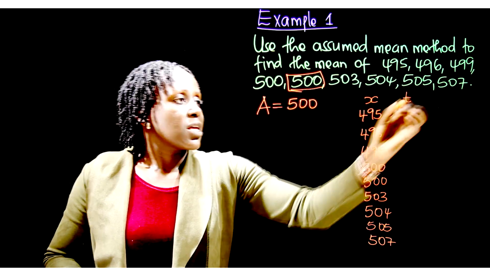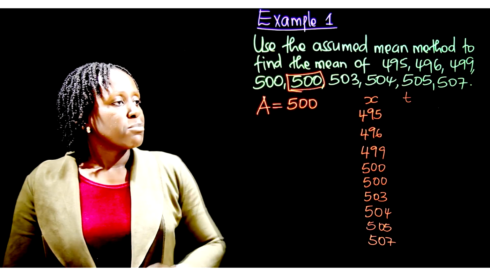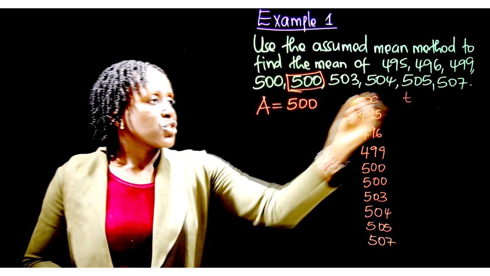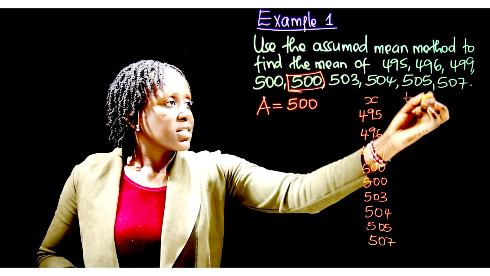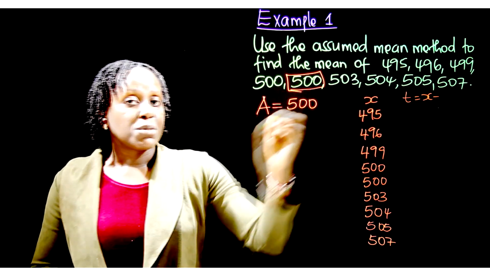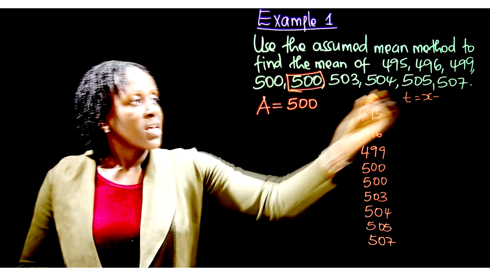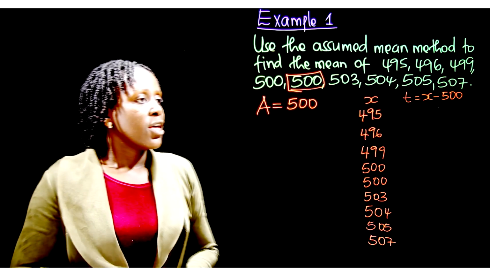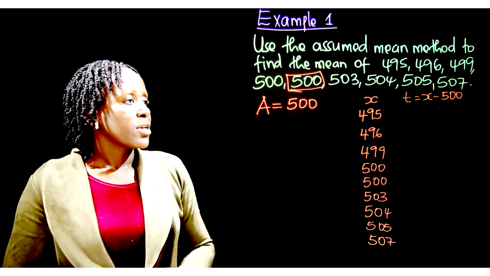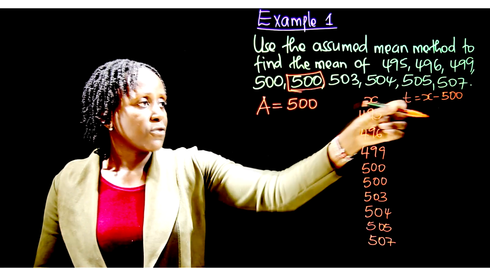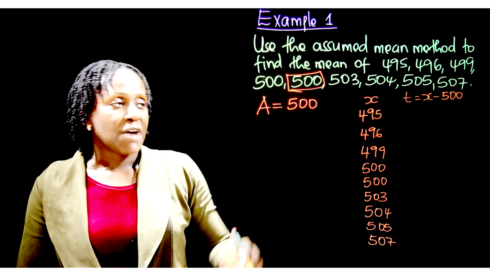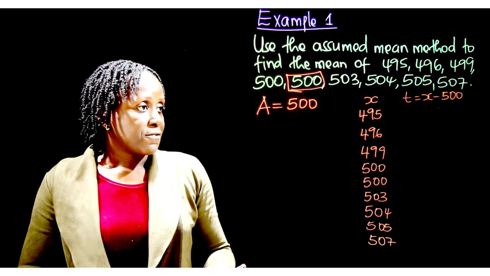t is the difference between the values provided and the assumed mean. So t is given by x minus our assumed mean, which in this case is 500. Working this out, the first value of t will be 495 minus 500, which is negative 5.